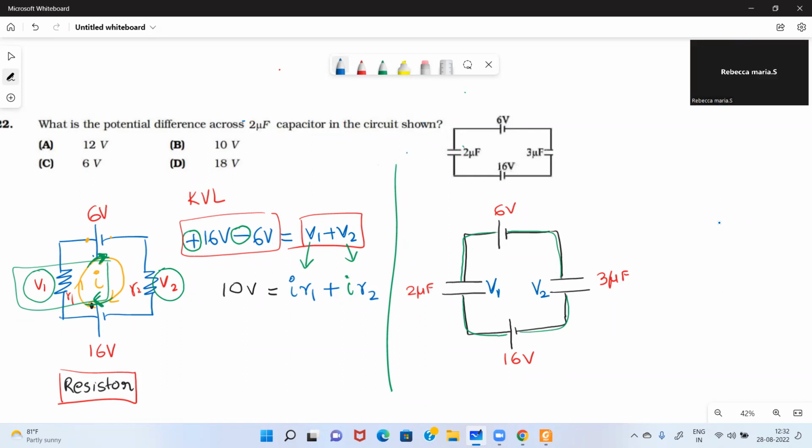In parallel? Tell me, is it in parallel? You said these two resistors are connected in what? In series, sir, because it's a single loop. It's a single loop. Therefore, they both are connected in what?